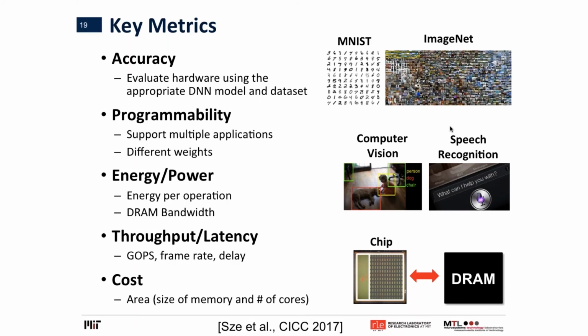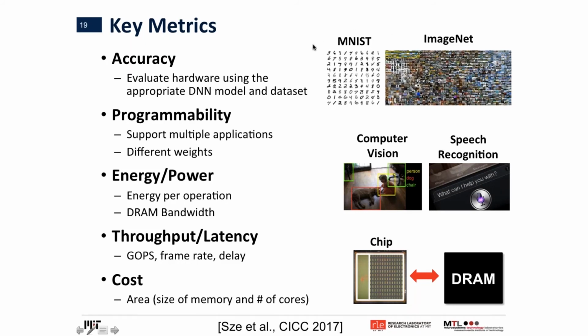If you take a step back, why are we excited about deep learning? Again, if you recall, it's primarily due to accuracy. So when evaluating a deep learning solution, we want to know what the accuracy is, but in particular, you want to ask on what particular data set and doing what particular task. So for example, I've shown here on the upper right-hand corner the MNIST and the ImageNet data sets.